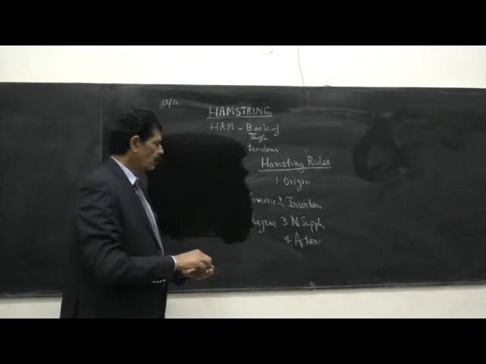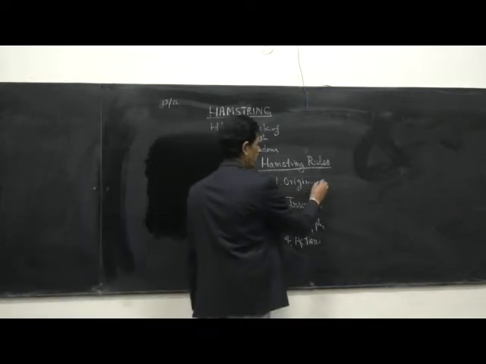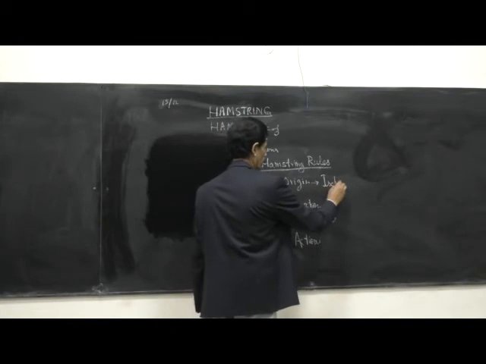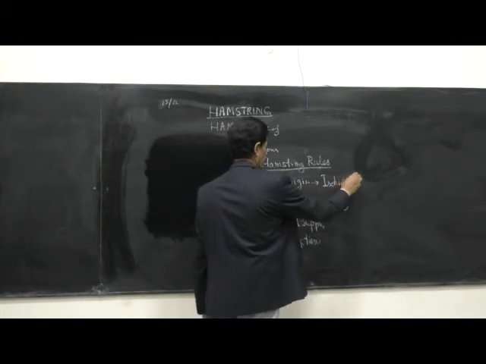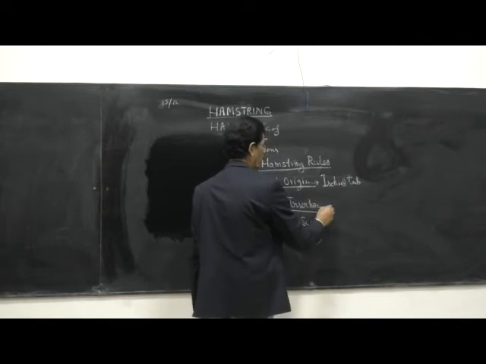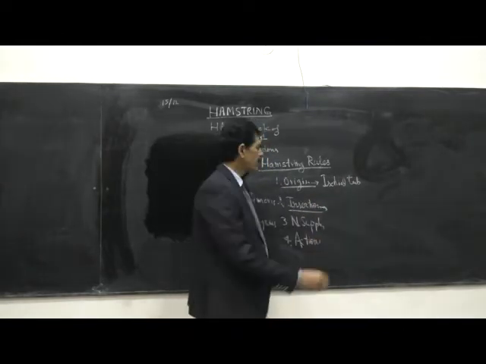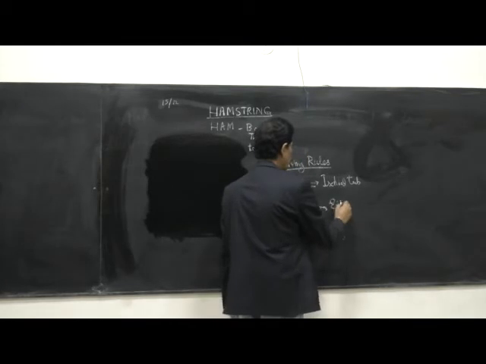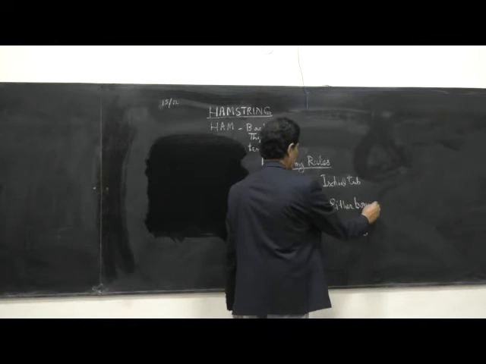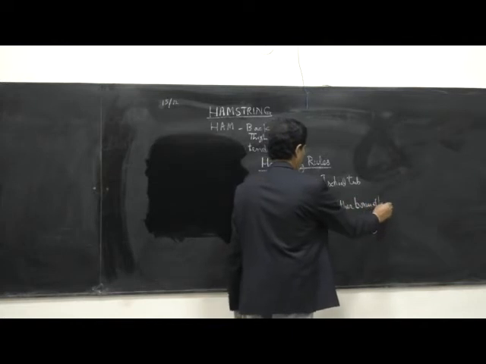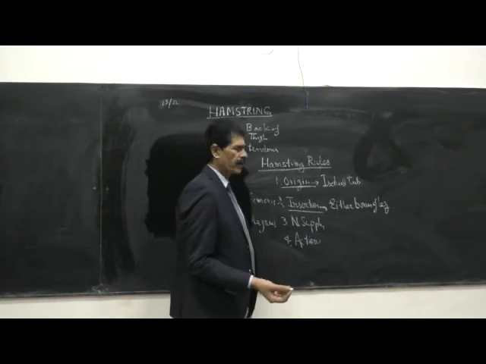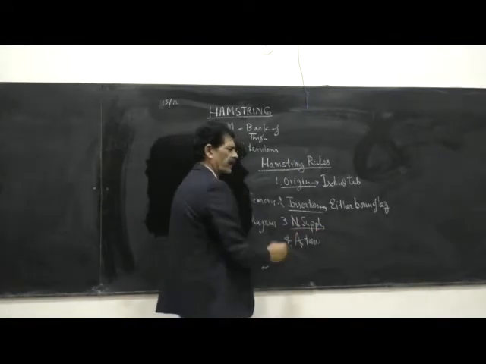So first is the rule of the origin. All these muscles take origin from the ischial tuberosity. And the rule of insertion is they are inserted on either of the bones of the leg, either tibia or fibula. Then nerve supply.